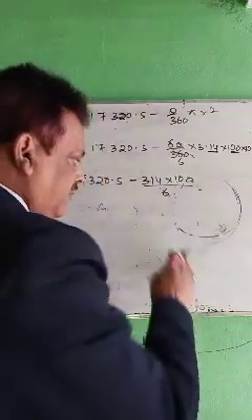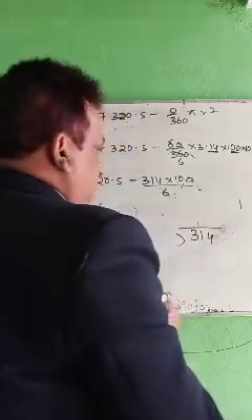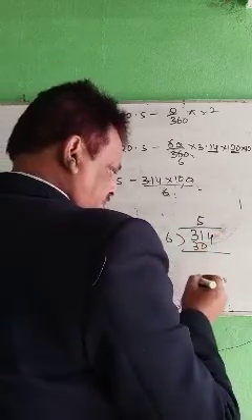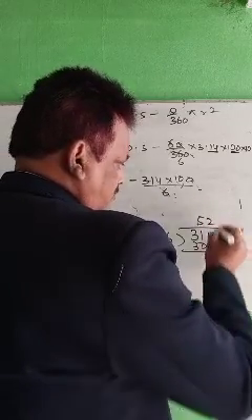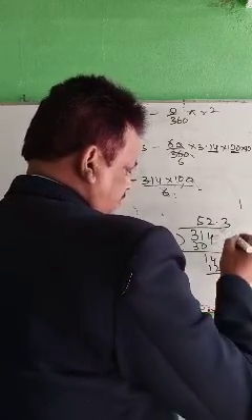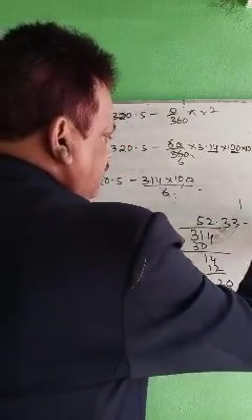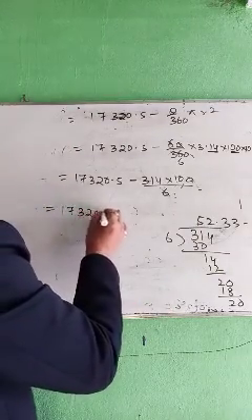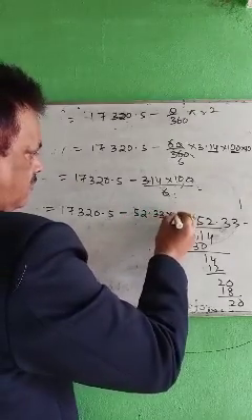Okay, 314, easy method is divide 314 with what? With 6. 6 5s are 30. Okay, 1 4. 6 2s are 12. 2 0. 6 3s are 18. 2 0. 3, repeating it will go like this. So 17320.5 minus 52.33 into 100.